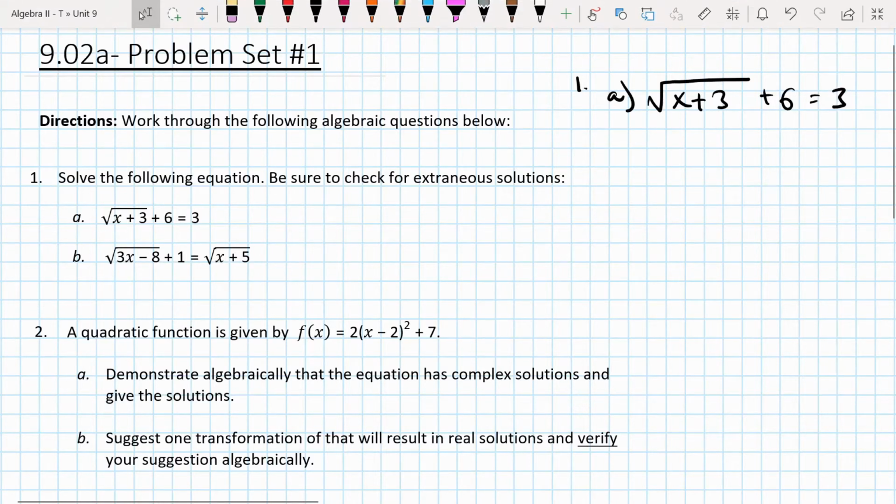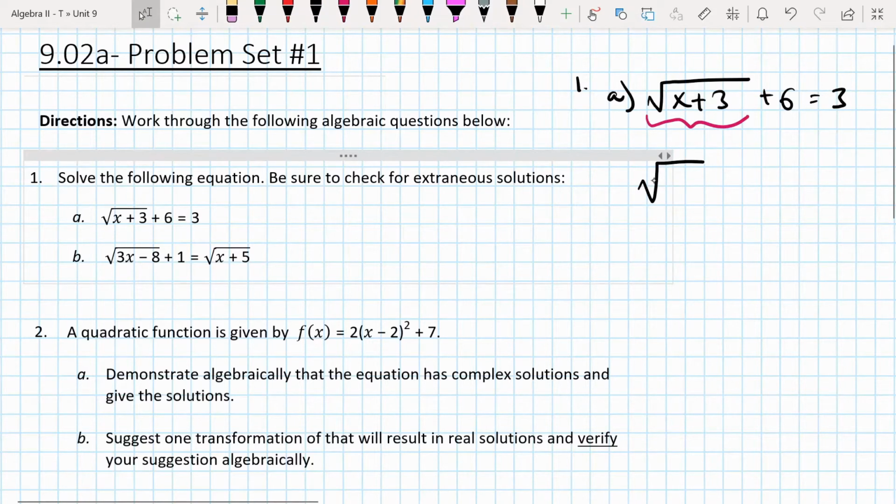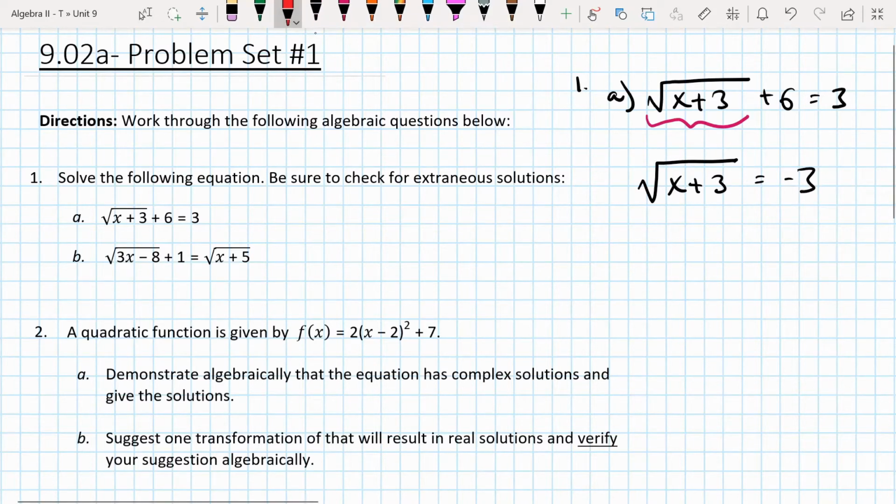Okay? So the idea here is we're going to isolate the radical term, which is this right here. To do that, in this case, we're going to subtract 6 on both sides. And now we're going to square both sides to undo the square root.